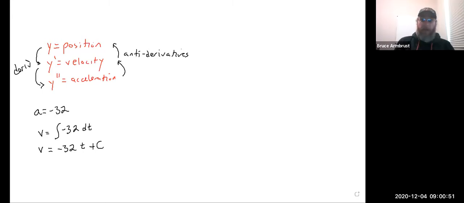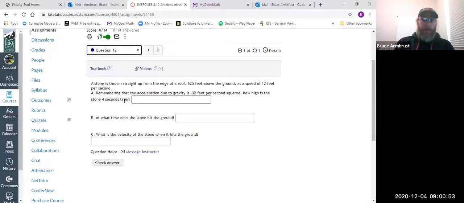Let me go back to the problem here, right? So it tells us that the stone is thrown straight up from 625 feet above the ground at a speed of 12 feet per second. So we actually know something about the speed. We know that at the very beginning, its speed is 12.